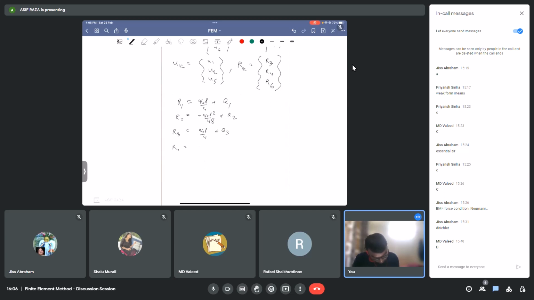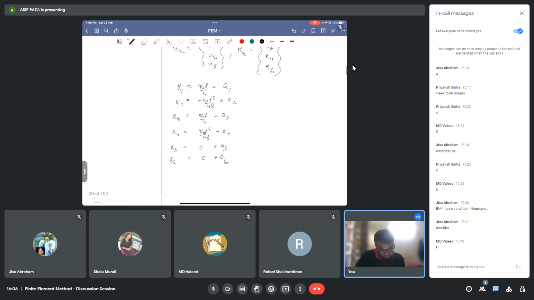R4 as Q0 L square by 48 plus Q4. R5 as 0 plus Q5. R6 as 0 plus Q6. Okay, and these are 0, this is also 0, and okay, I made a mistake here, this is not 0.